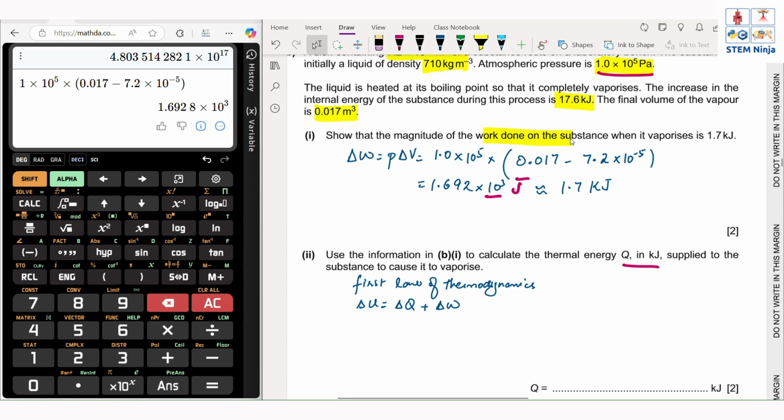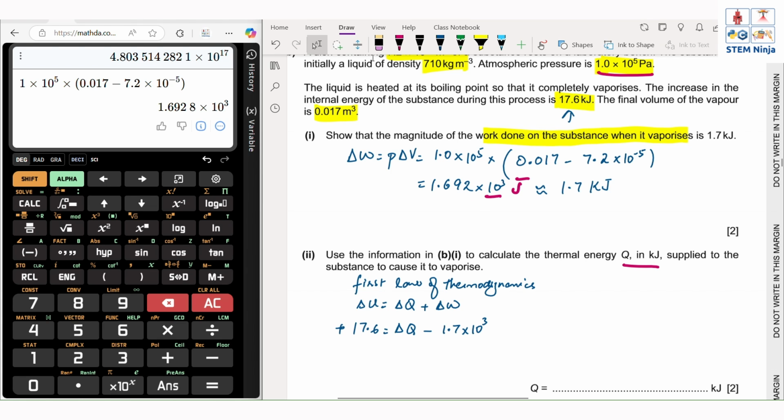This is expansion, so this is going to be negative work done. The increase in internal energy is given as 17.6, plus 17.6. That's what we need to find out. And the work done is minus 1.7 times 10 raised to power 3.